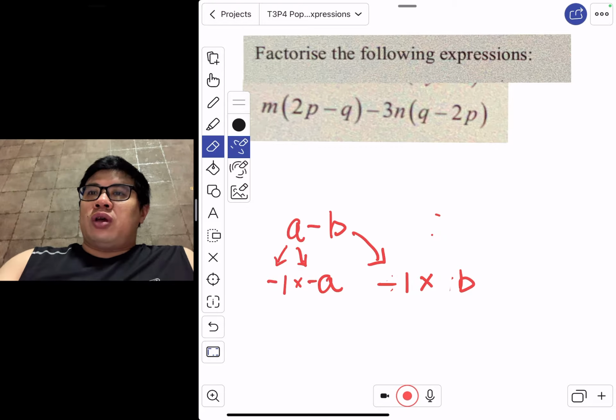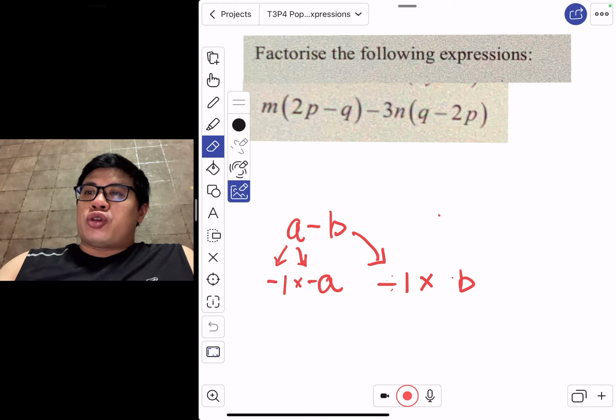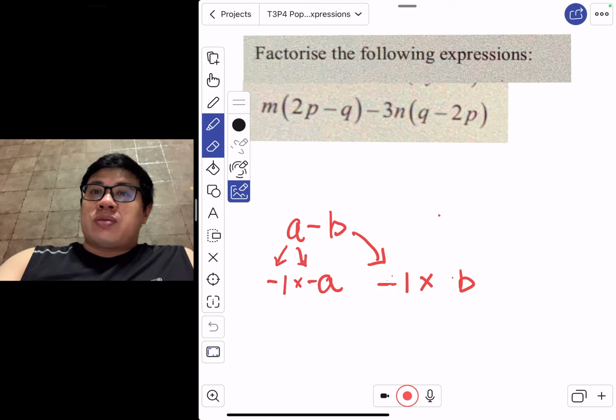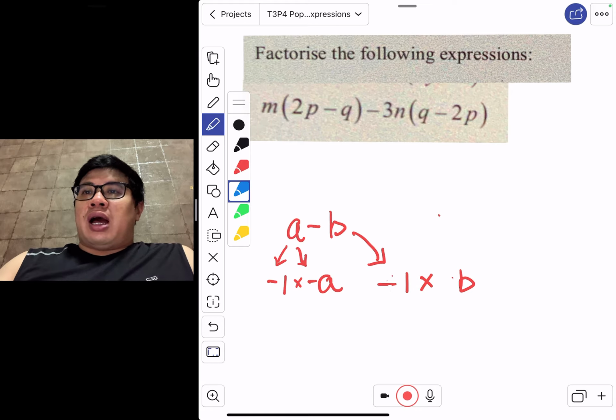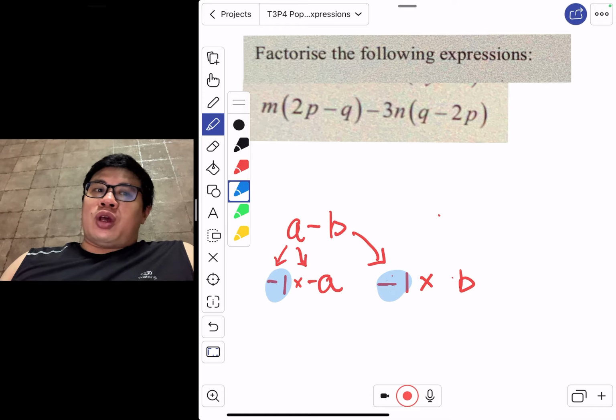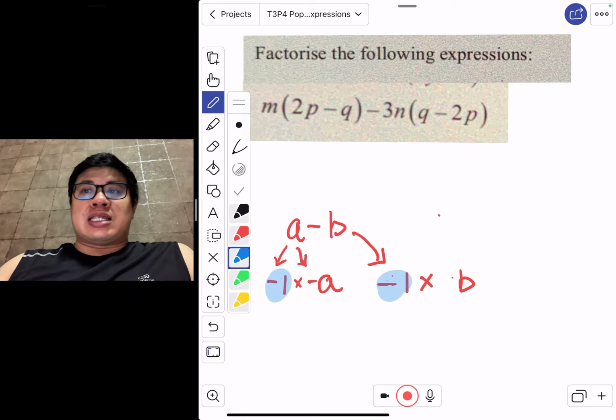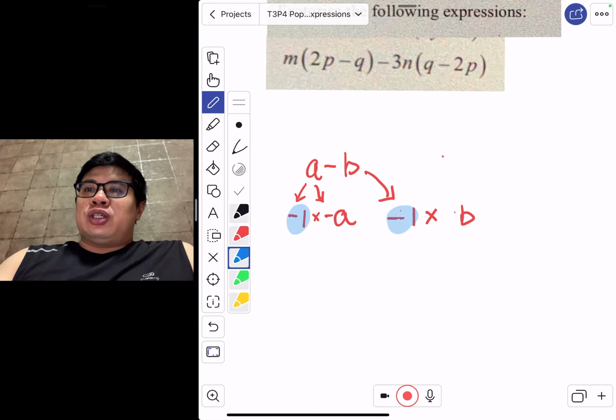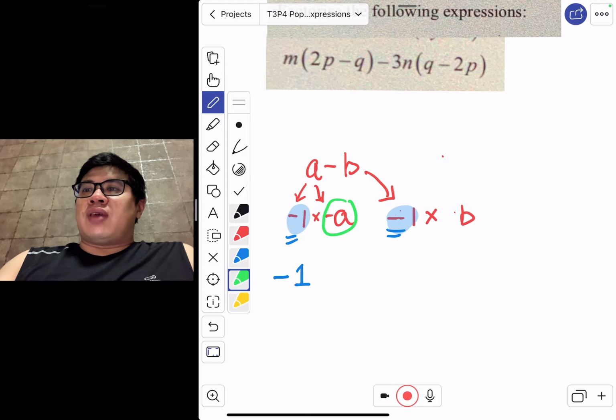So with that, what I'm trying to show you is that if I try to identify a common factor between the two, you can see that negative 1 can be a common factor between the two. Of course, there is a good reason why I'm doing that. If I try to factorize it and put a negative 1 outside, what I'm left with is negative a and b.